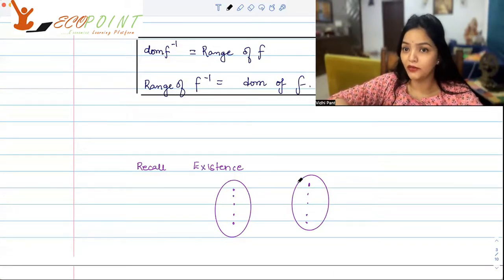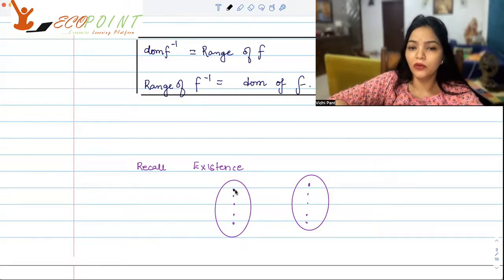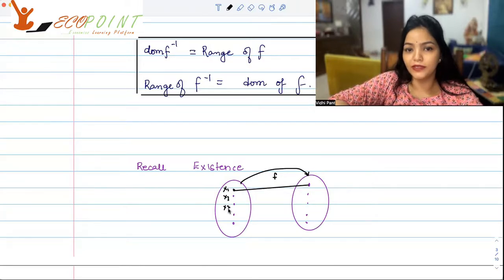And with this domain and range analysis, a lot of questions should come to your mind. The first question being, existence. Will f inverse exist every time? Not every time. What was the requirement? Remember? So you have a function f. The inputs are x1, x2, x3, x4, x5.